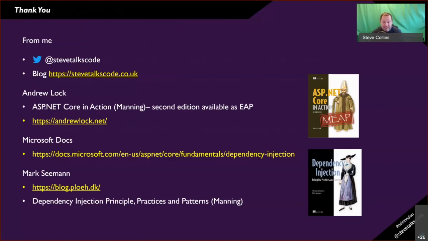Last but by no means least, Mark Seemann's blogs and books are well worth looking at to get a bigger picture of DI patterns and anti-patterns. The book I've got there goes through each of the different open source containers that are commonly used and compares them to each other, once he's discussed the anti-patterns and the good patterns and why you shouldn't write your own container and all that.